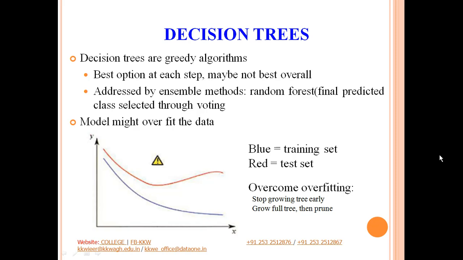To overcome this overfitting, we can stop growing the tree early, or if you have constructed the entire tree, then you can apply some threshold conditions and prune the branches that you don't want. So that is overfitting.